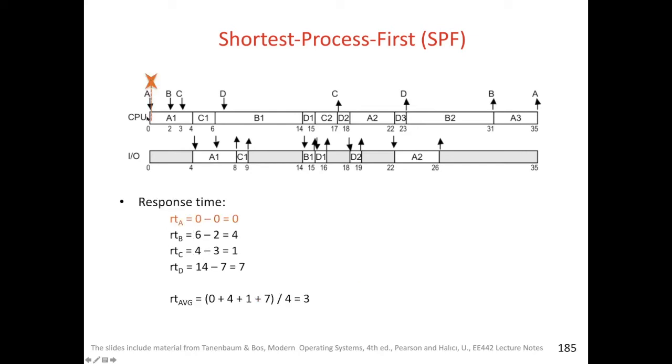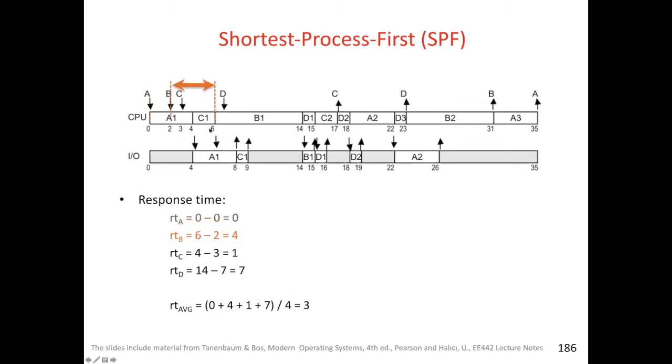Response time is the time spent between the process being submitted to the system and its first execution. Process A is submitted at 0. It starts immediately, so response time for process A is 0. B is submitted at 2, starts execution at 6. So the response time for B is 4. Process C is submitted at 3, starts execution at 4. The response time for C is 1.